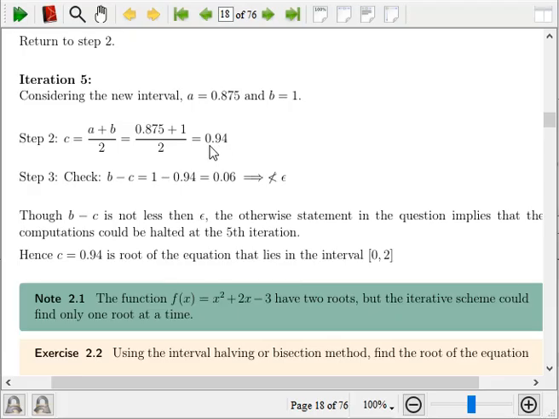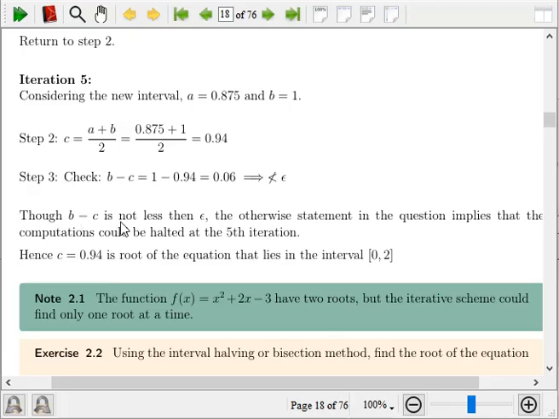We have that is c, and B minus C is still not less than epsilon. Still, we mentioned that this procedure is a bit slow, and you are seeing that we may have to repeat it over and over until we obtain the required accuracy.